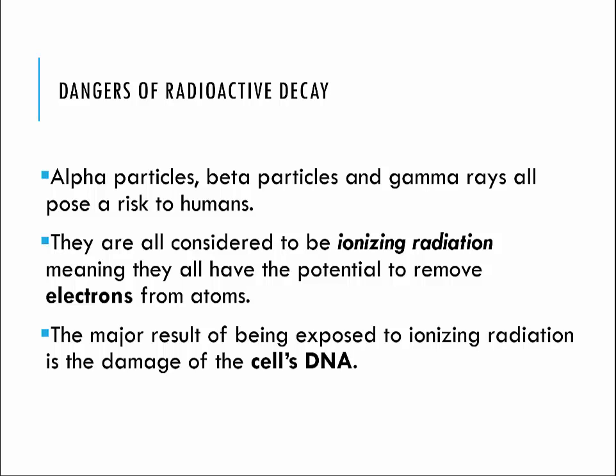And the result of this is it can damage something's DNA. You'll learn in biology next year that DNA is kind of like the instructions for a cell. So if you mess up the instructions, you're going to start replicating cells that aren't right. It's like making a copy of a key. After you do it so many times, that key's not going to fit in the lock and it's not going to serve its purpose.